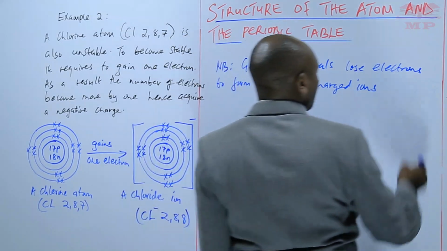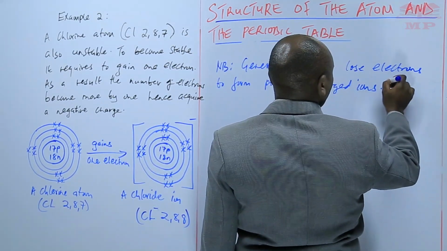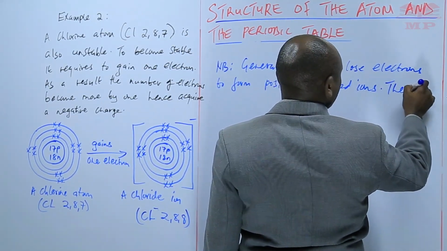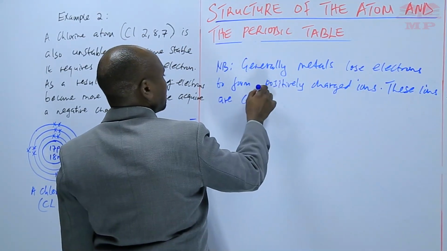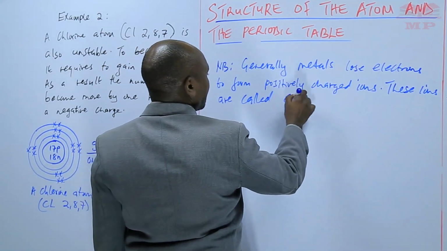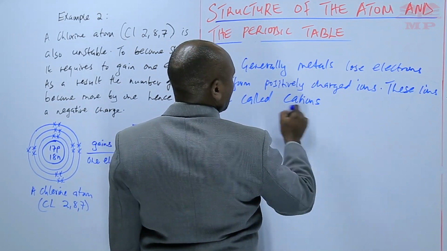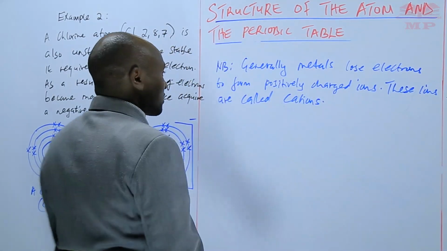And those positively charged ions are called cations. They are positively charged.